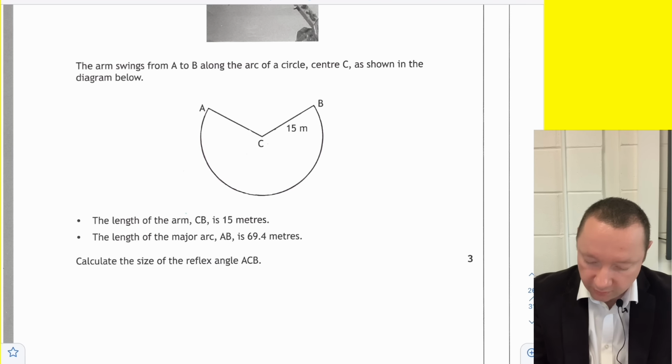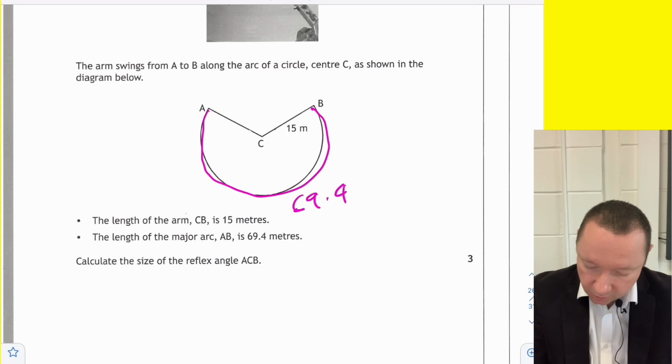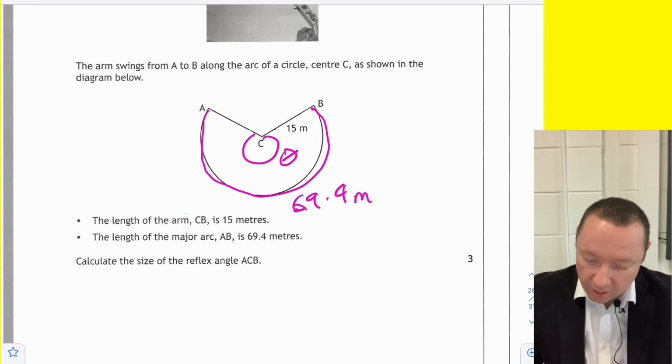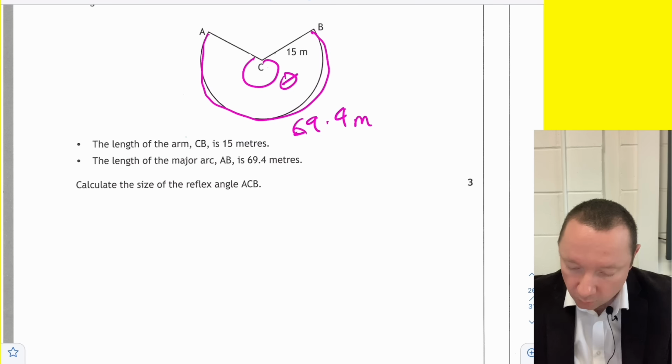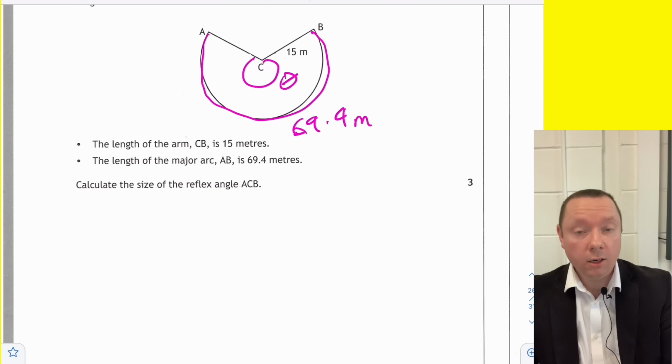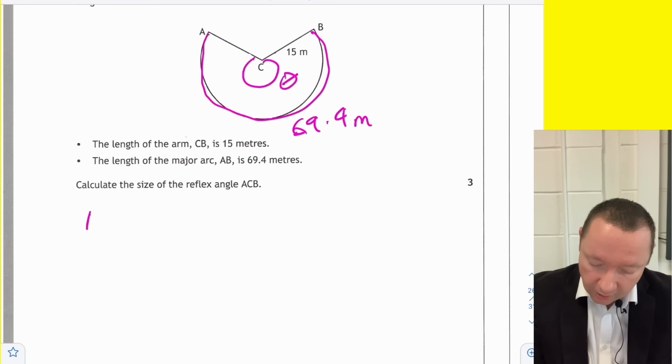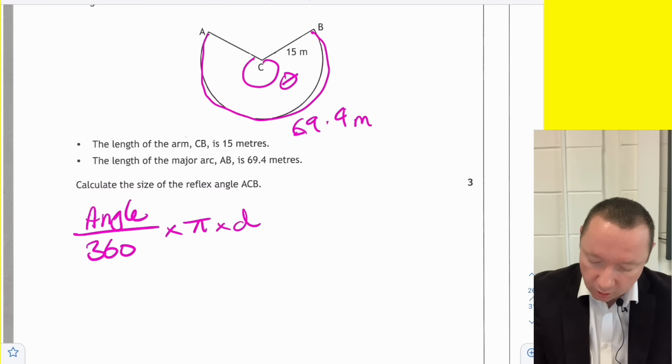So let's just note some things in the diagram. If I draw round this bit here, that whole length is 69.4 metres. And we want this angle here, let's just call it theta. So remember, our formula for arc length is angle over 360 times pi times diameter equals arc length.